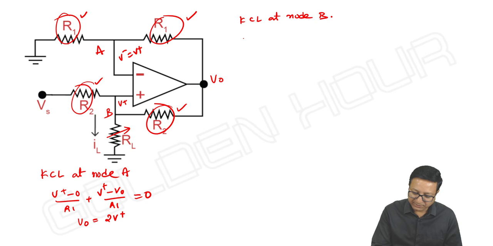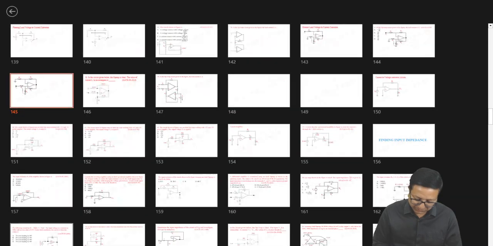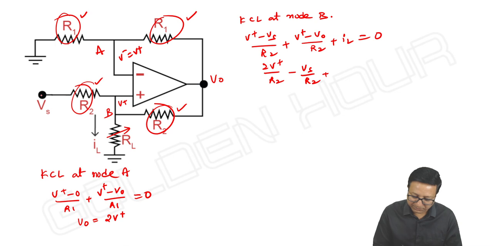Next, KCL at node B. It is V plus minus Vs by R2 plus V plus minus V output by R2 plus IL is equal to 0. V plus by R2, V plus by R2, 2V plus by R2 minus Vs by R2 minus V output by R2.